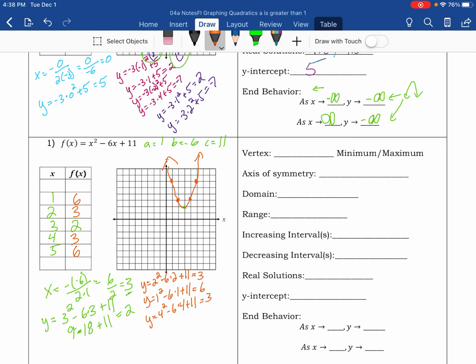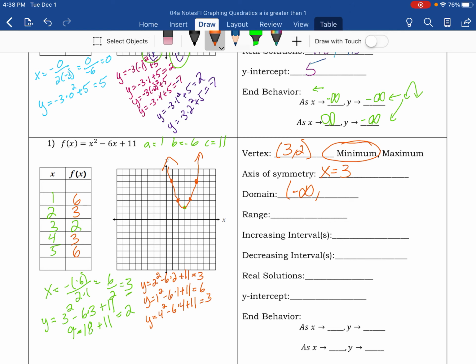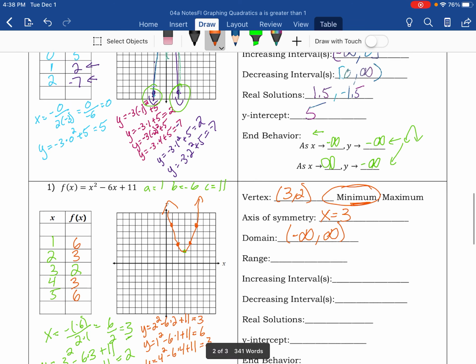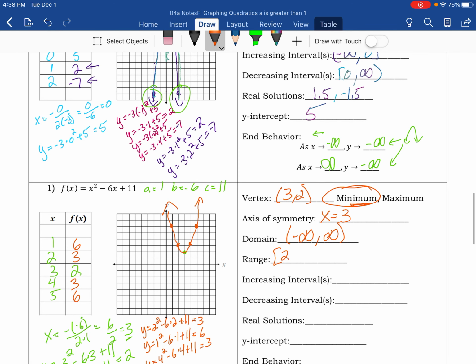Okay, so that's all you pretty much have to do with these. My vertex here is (3, 2). It is a minimum. My axis of symmetry is x is equal to 3. My domain, all of your quadratics are going to be the same: from negative infinity to positive infinity. Your range, since it's a minimum, is going to start at a point.